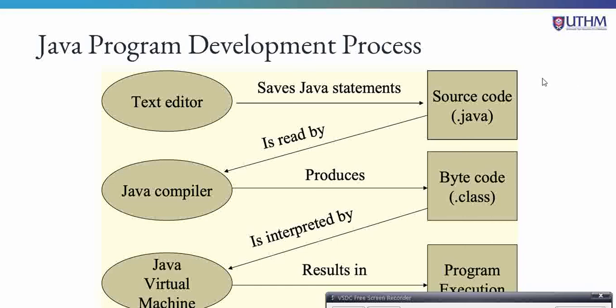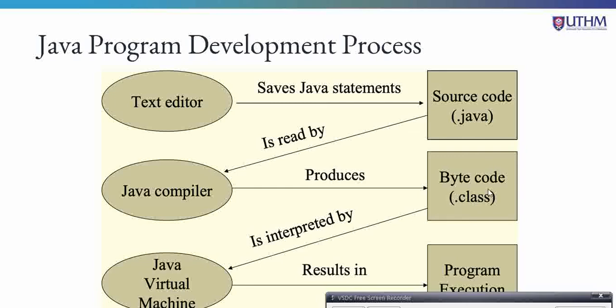Java program development process. This is the summary of how you can develop a Java program, starting from your text editor or your IDE, you save your Java source code in .java, and then it is read by the Java compiler. When you compile successfully, it will create the .class file.